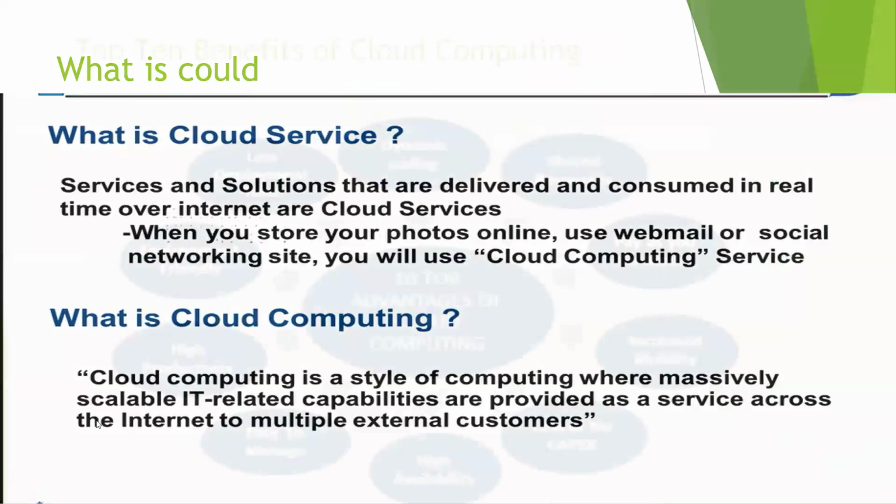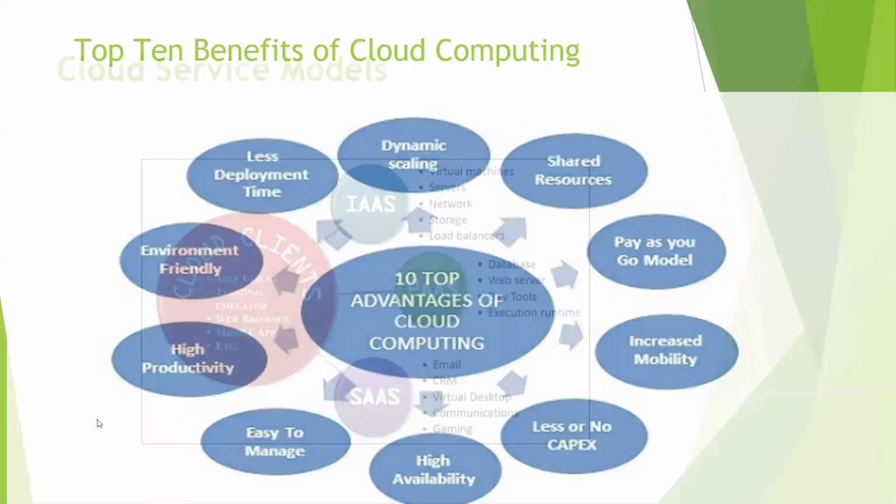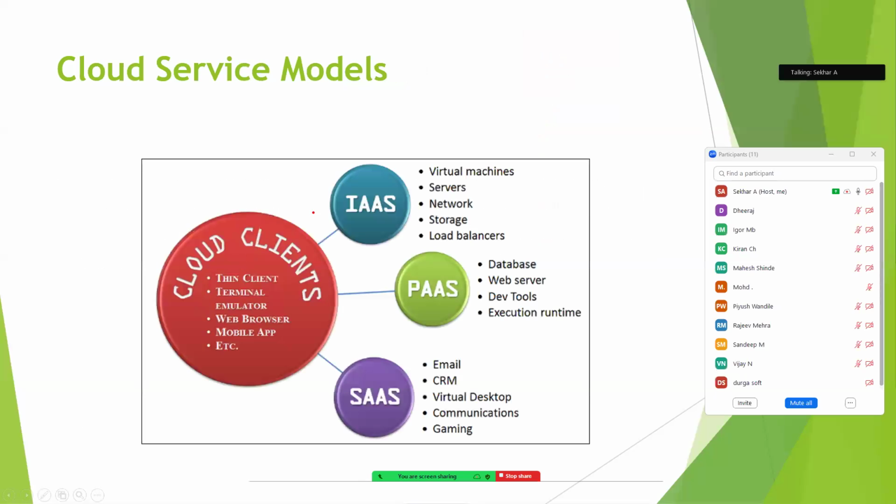Next, there are three types of cloud service deployment models: IaaS, PaaS, and SaaS. Infrastructure as a service, platform as a service, and software as a service. These three types of cloud service deployment models are common wherever you go, whether Microsoft Azure, AWS, or Google.